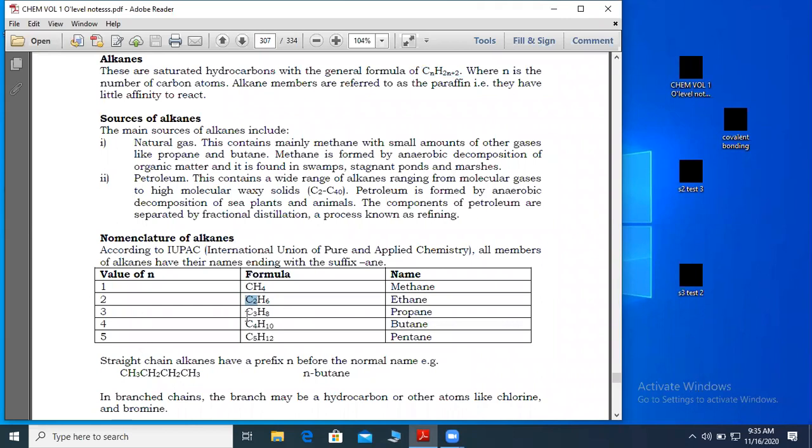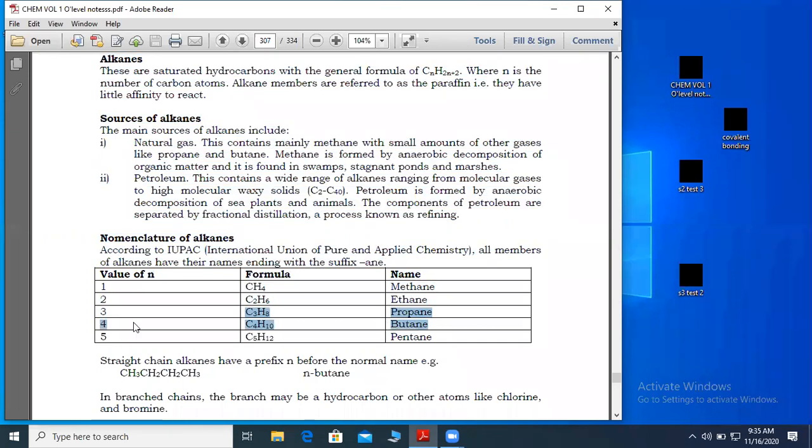When N is 3, we shall have C3, then H2N plus 2. That means 2 times 3, because N will be 3, that is 6, plus 2, it is 8. So C3H8, and that is propane.